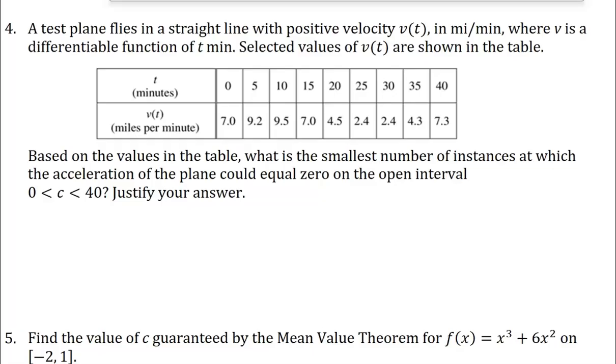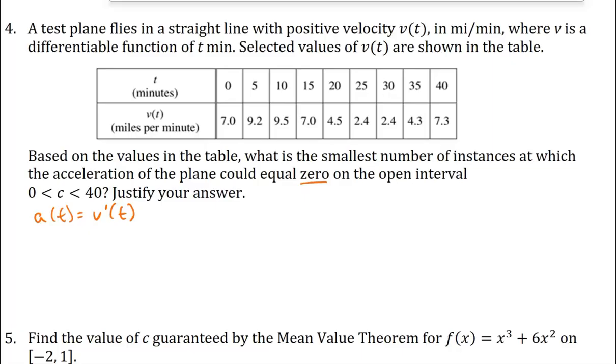So we are already thinking about how a of t is the derivative of velocity, and we're given velocity values. So if acceleration is my derivative, then I am looking here to say, is there a place where my average rate of change is equal to 0? Because if so, I can guarantee that my instantaneous rate of change must be 0 somewhere on that interval.